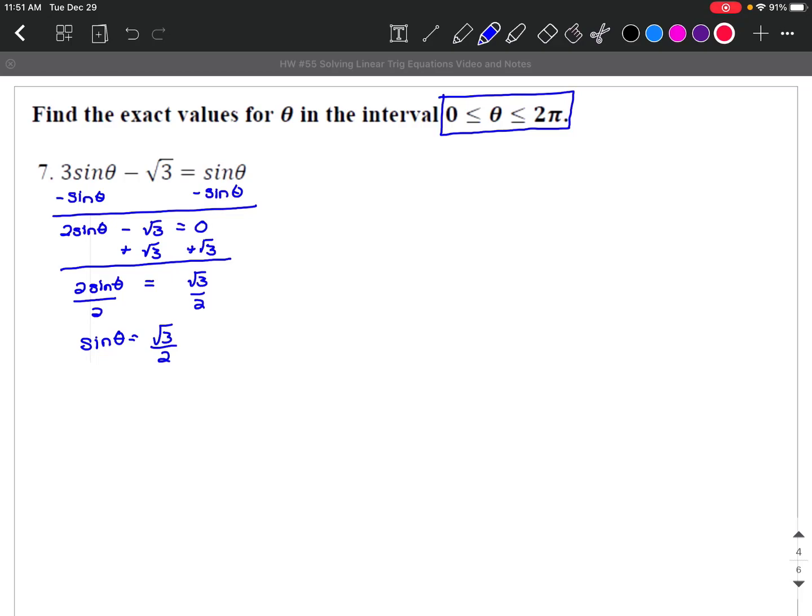Now we ignore the sine and we find a reference angle. Now, to connect this to what we were doing the other day, remember, if we were going to keep solving, we did subtraction of sine because the inverse of adding was subtracting. The inverse of subtracting radical 3 was adding radical 3. The inverse of multiplying by 2 was dividing by 2. So the inverse of sine is sine inverse, okay?